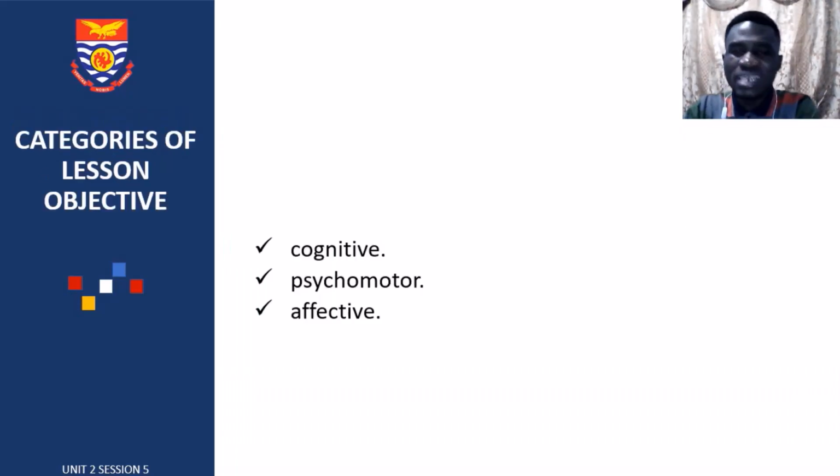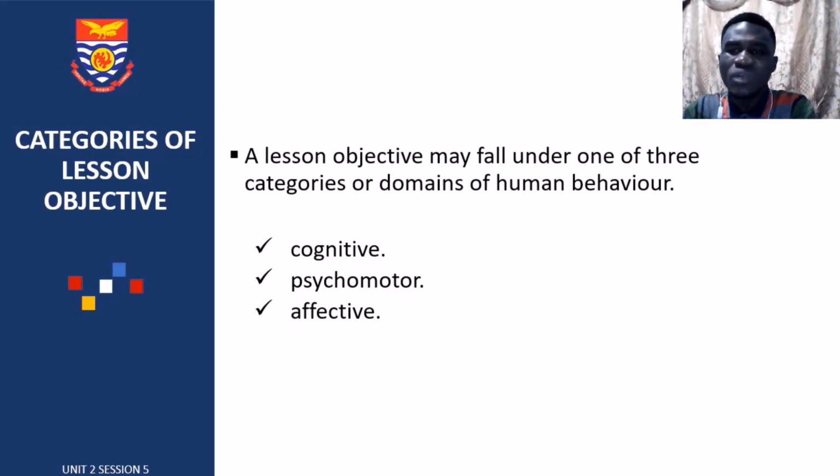Now let us look at the categories of lesson objective. And a lesson objective may fall under one of 3 categories or domains of human behavior. And these are the cognitive, the psychomotor, or the affective. And so we will be looking at cognitive domain objectives. That is, objectives in the cognitive domain.